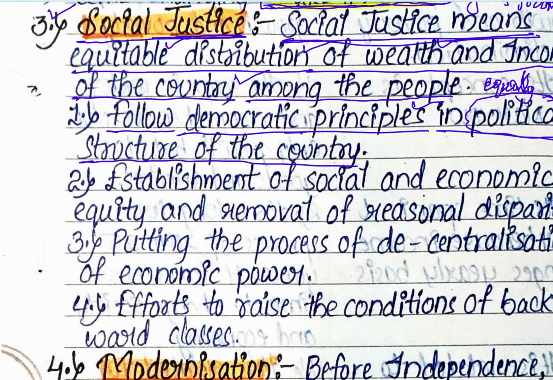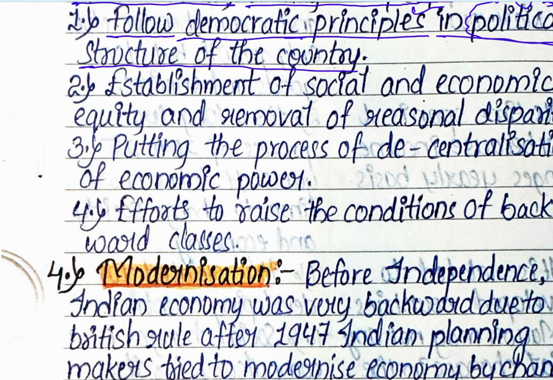Okay, second important point, establishment of social and economic equity. In our society, we have to develop equally, like poor people and rich people, without showing any differentiation. So social equity we have to maintain and establish.